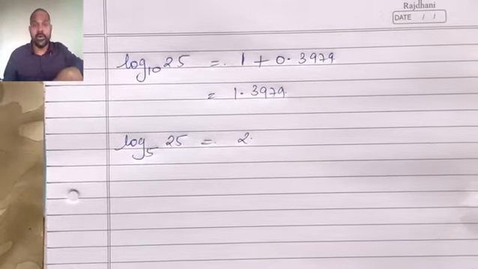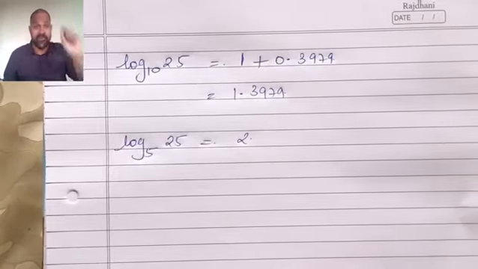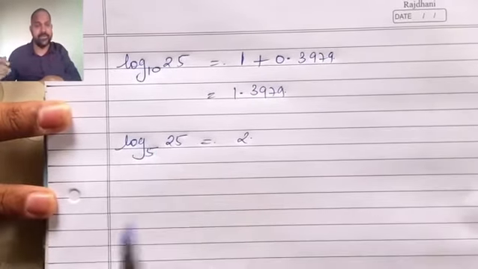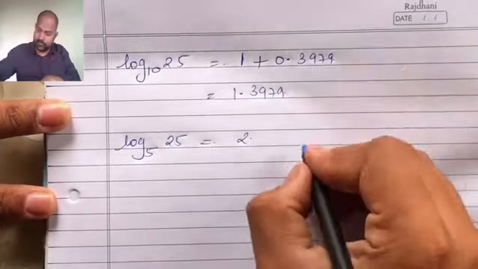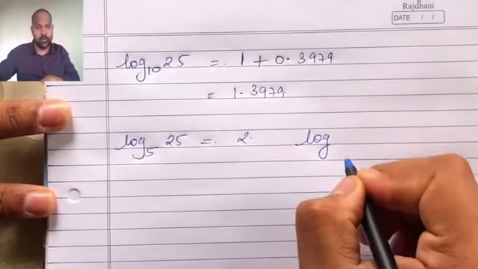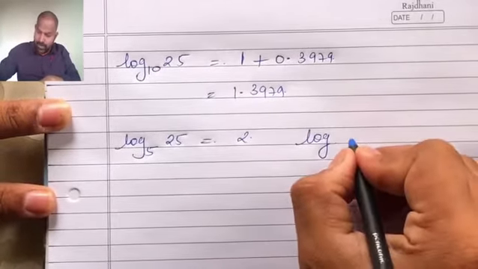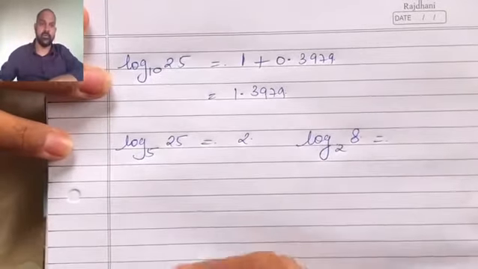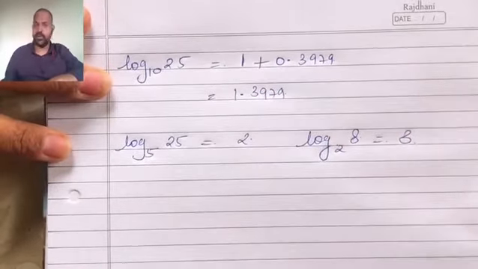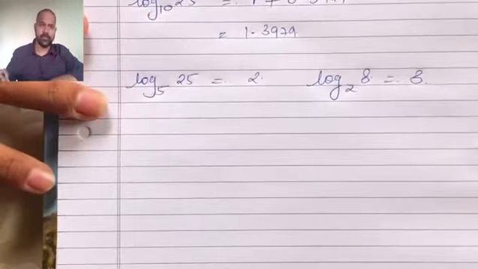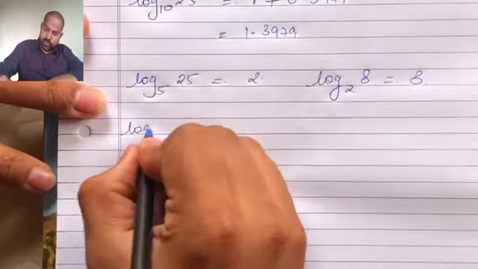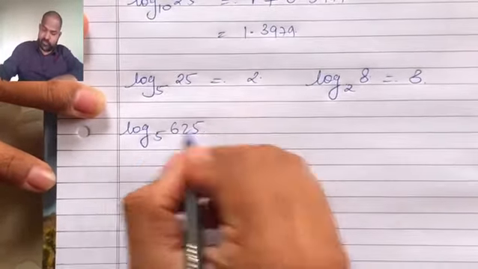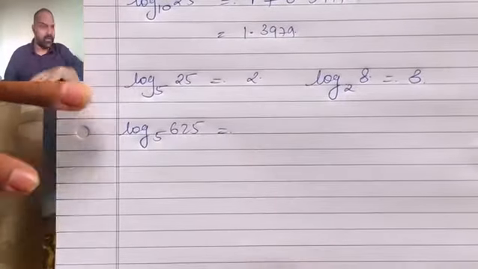So can I conclude here that I don't need a log table if my number A is a perfect power of the base B? Example, if I ask you log of 8 to the base 2, well, 8 is the third power of 2, then the answer is 3. I don't need a log table. If I ask you log of 625 to the base 5, is 625 a power of 5?